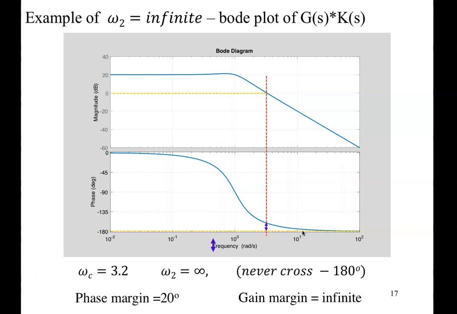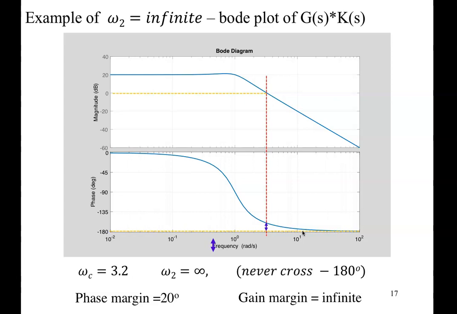Okay, you determine the crossover frequency, you find omega 2, and then you can determine if a system is stable or not. If it is stable, then you can go to the crossover frequency, find the phase margin, and then you can also find the gain margin if your omega 2 is not infinite. If it's infinite, then it's simple. The gain margin will also be infinite.